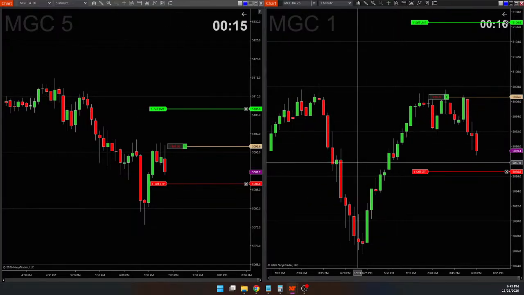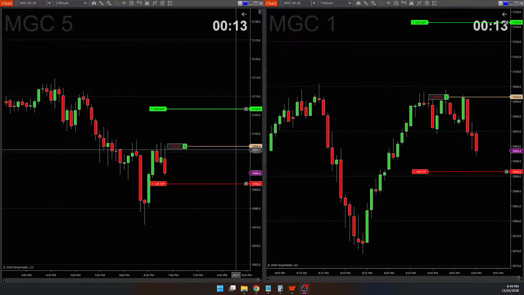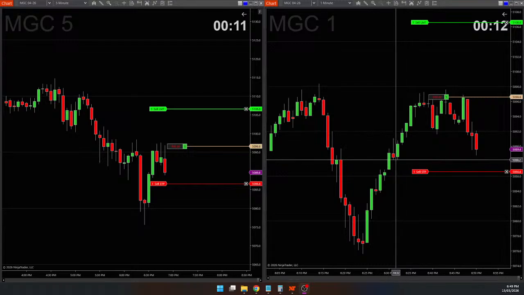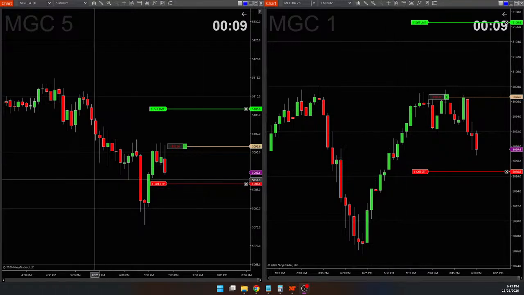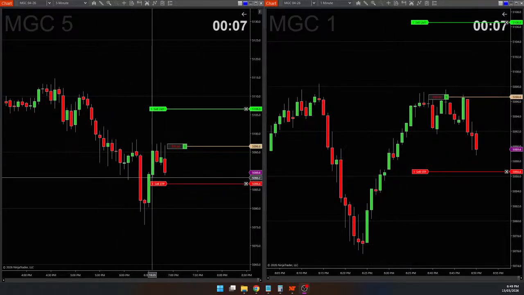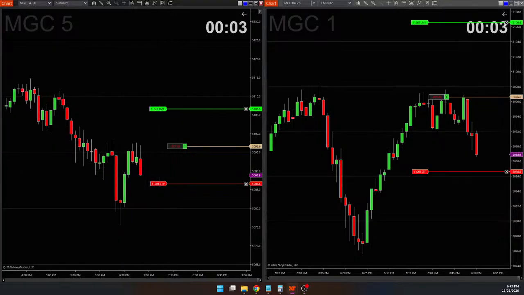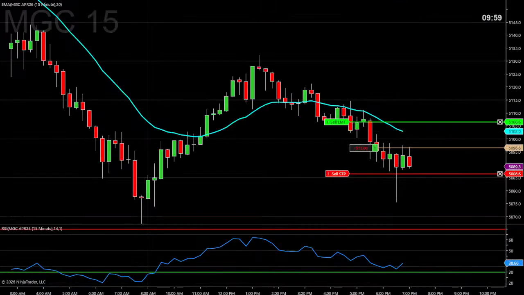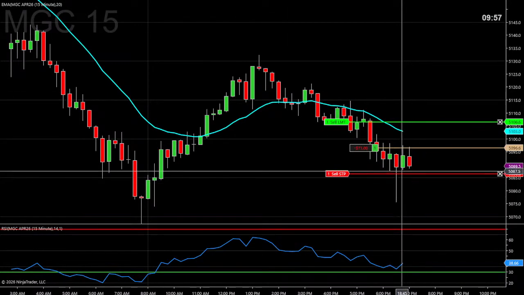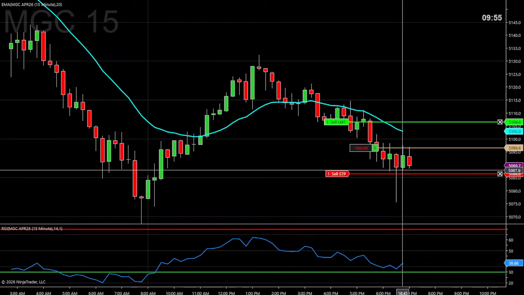Do see a bit of a zone here. So 50882. That's around about here. What's that look like on the 15? Is there anything significant? 5088.